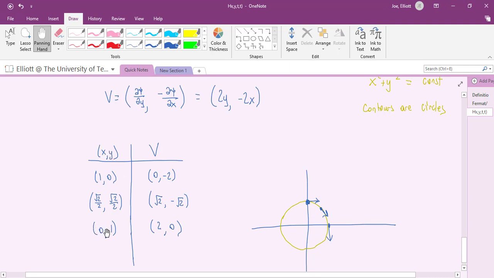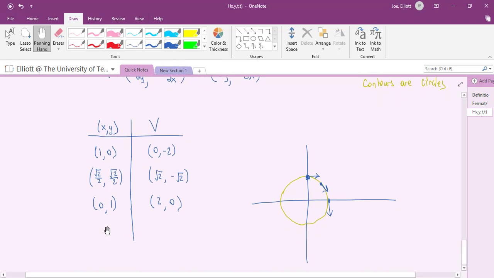I could plug the point 0, 1 into v. If x is 0 and y is 1, you get the vector 2, 0. So at the point 0, 1, which is here, we're going to attach to that point the vector 2, 0. That vector points purely in the positive x direction, pointing purely towards the right.